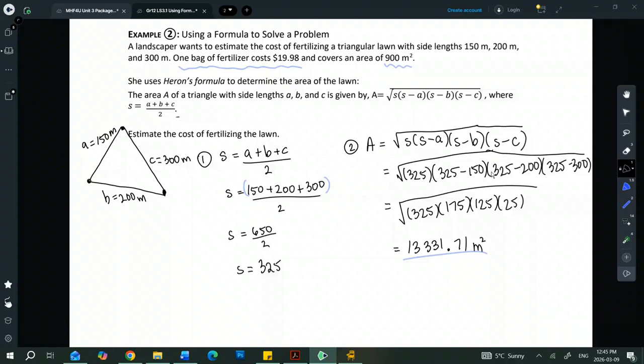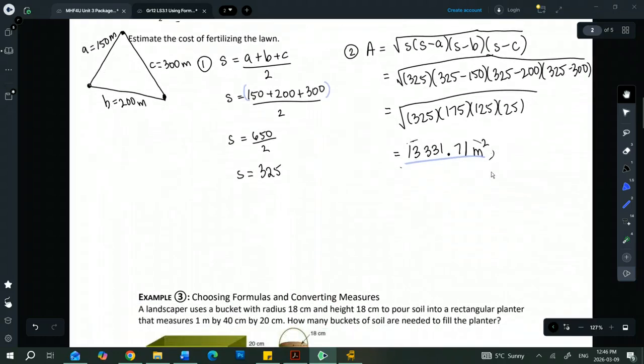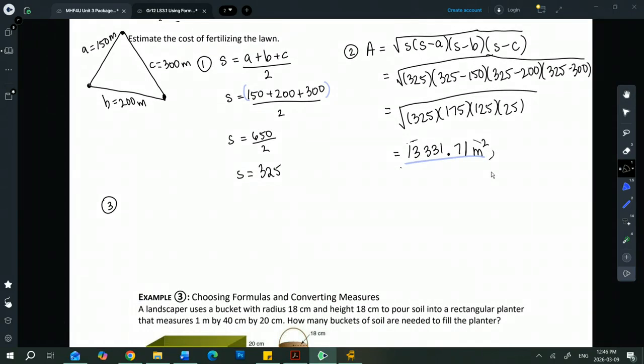Okay, so if we have one bag that covers 900 meters squared, I need to see how many 900 meters squared are inside of that area right there. So we're going to divide that answer by 900, which will give us the number of bags. So let's do a calculation. This will be our third calculation for number of bags. And then we'll do a calculation for cost.